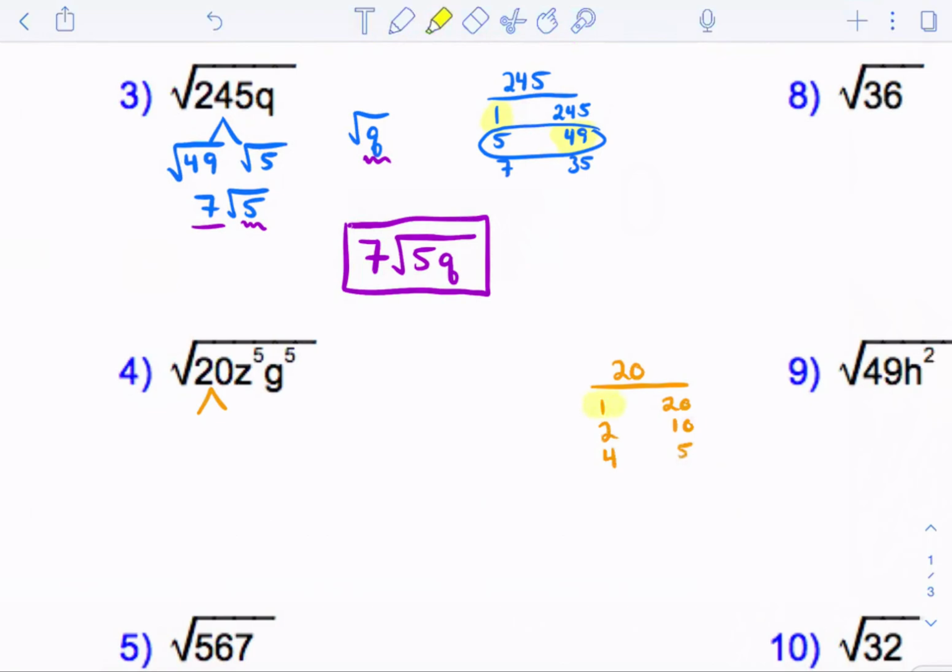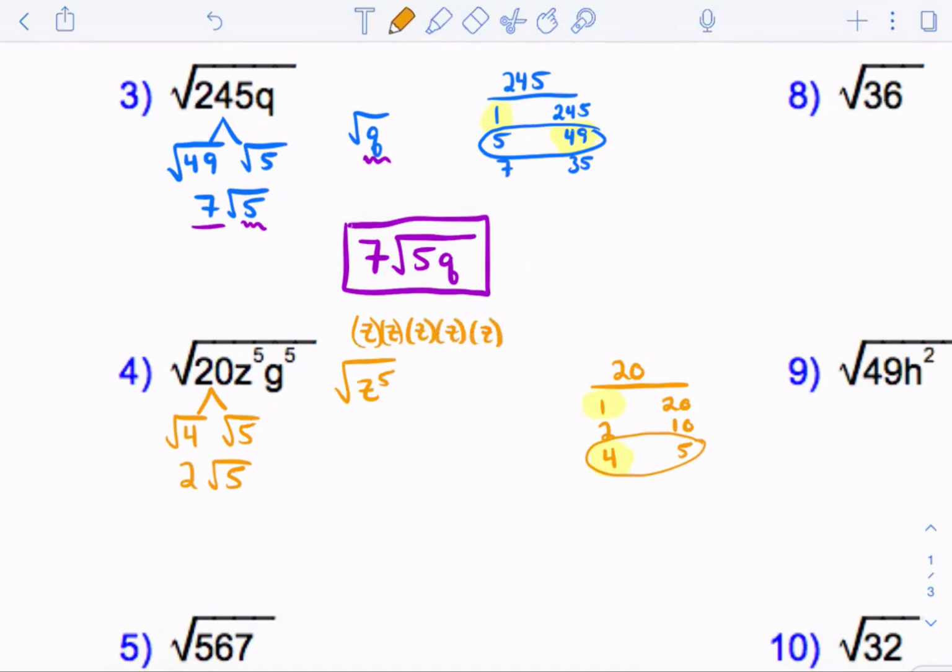And the perfect squares here are 1 and 4. So the bigger one I'm going to choose is this one. Now remember, z to the 5th. That means z times z times z times z times z.